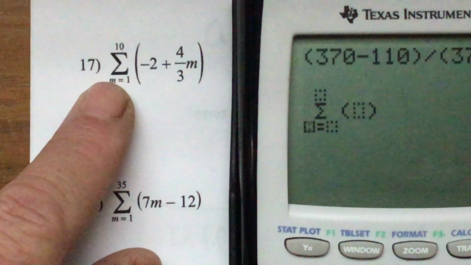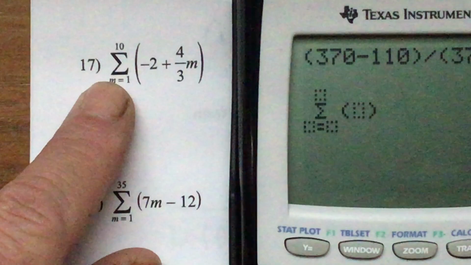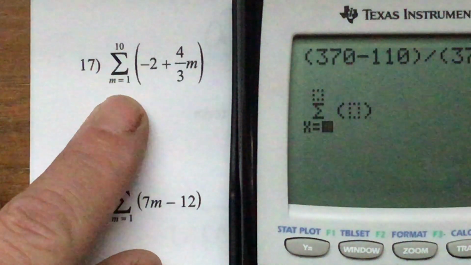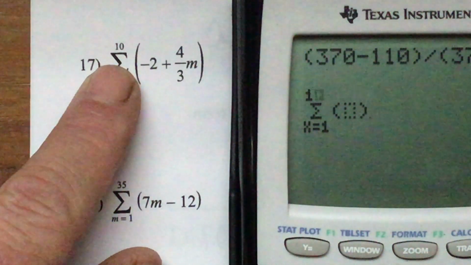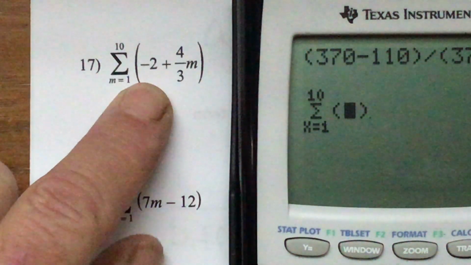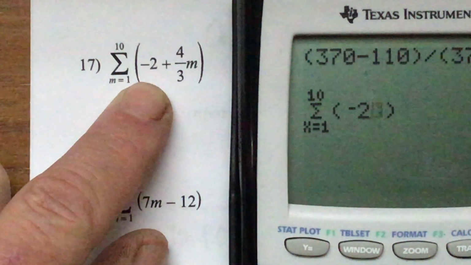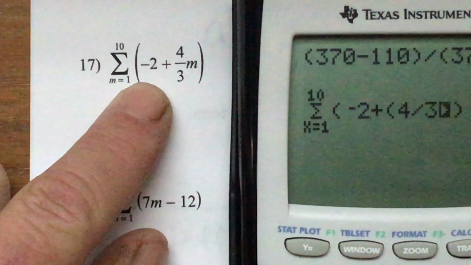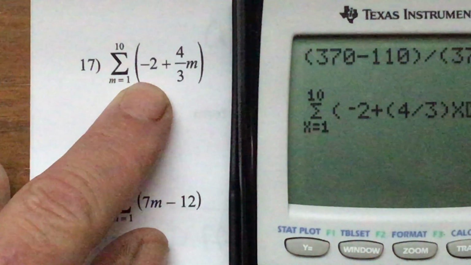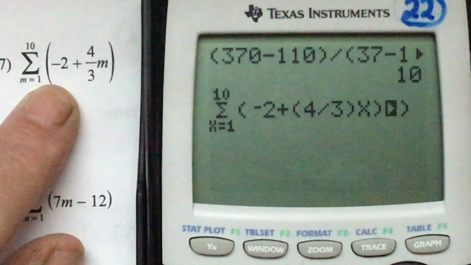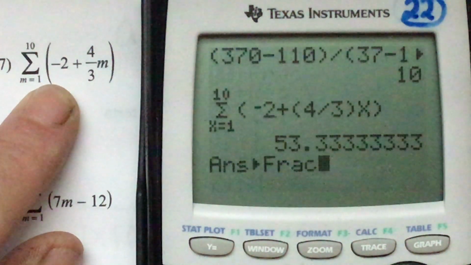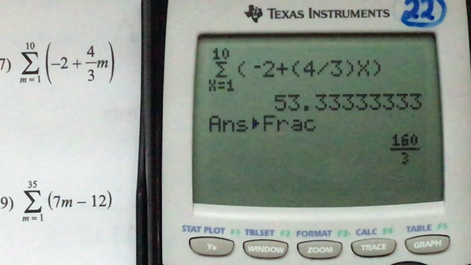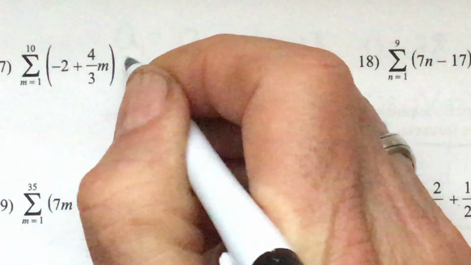This says m; just put an x there, 1, 10, negative 2 plus 4 divided by 3 x, enter. There you go. Math, enter, enter. If you get a decimal answer, just turn it into a fraction. It equals 160 over 3.